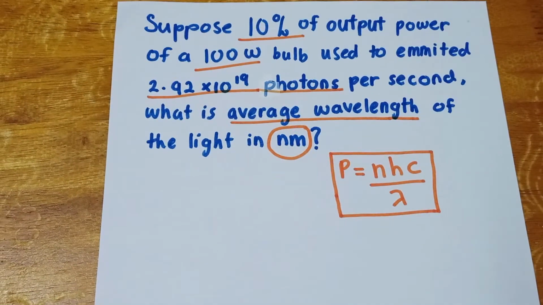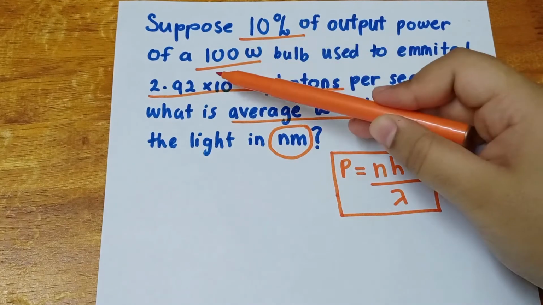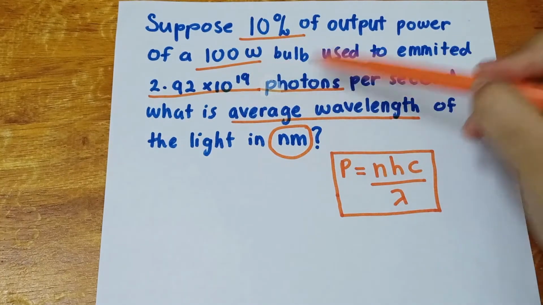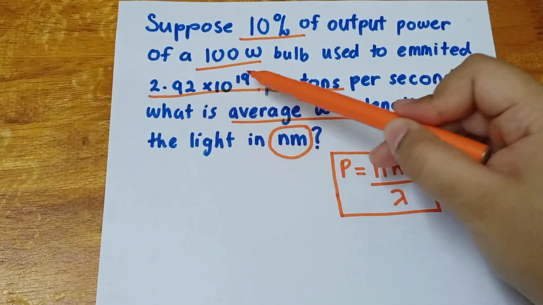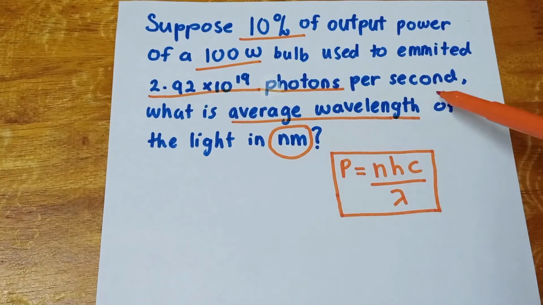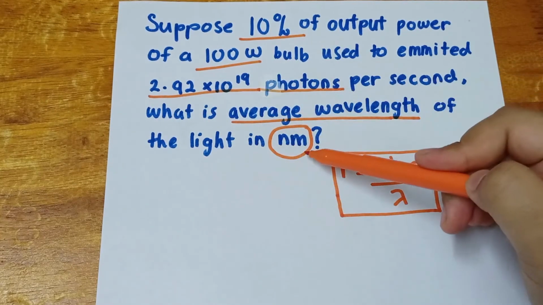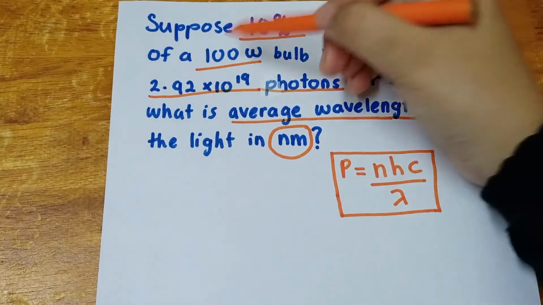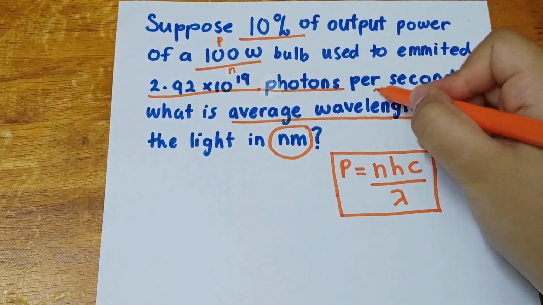Moving on to the last question, it says suppose 10% of the output power of a 100 watt bulb is used to emit 2.92 exponent of 19 photons per second. What is the average wavelength of the light in nanometer? So we have the power, we have the number of photons, and we need to find lambda.